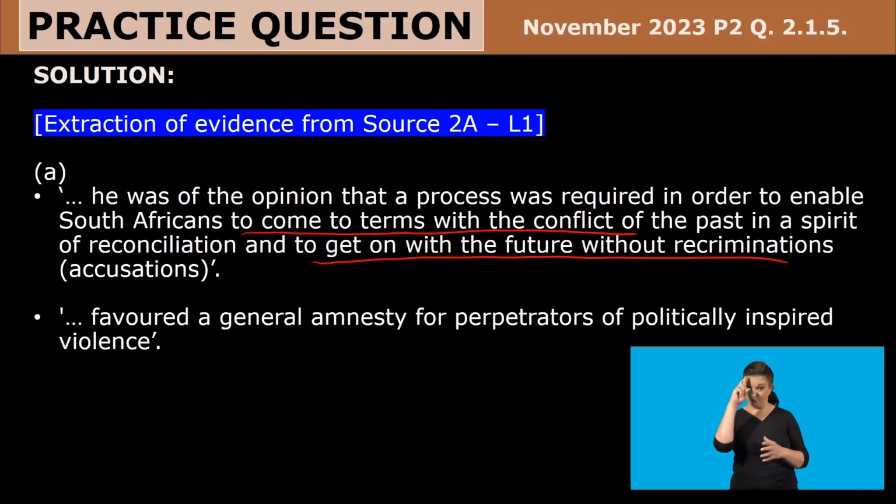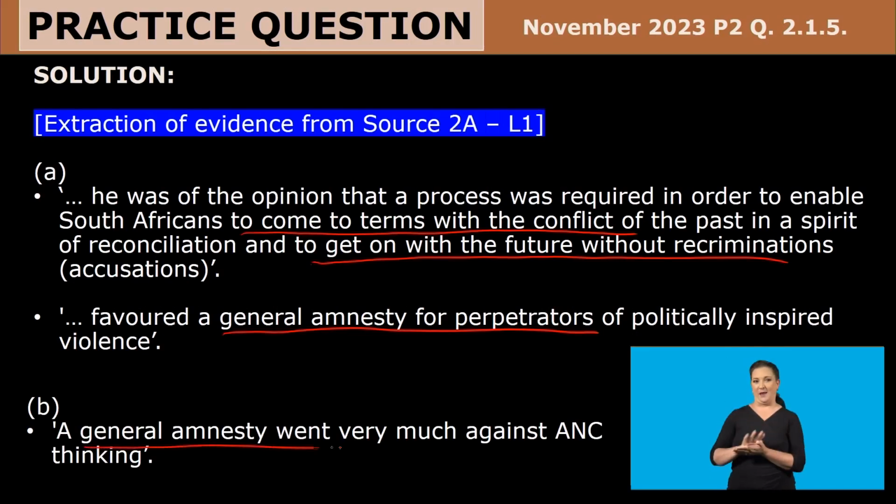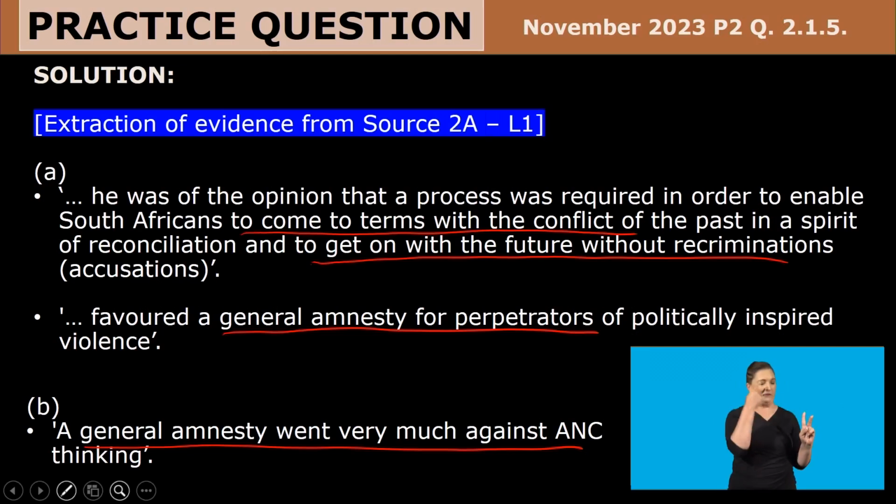Okay, and then the next one is the ANC. The ANC favored a general amnesty for perpetrators of politically inspired violence. So you can see that it's straight extracting of information from the source. Okay, a general amnesty went very much against ANC thinking.